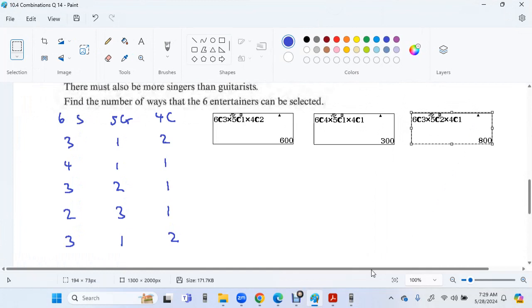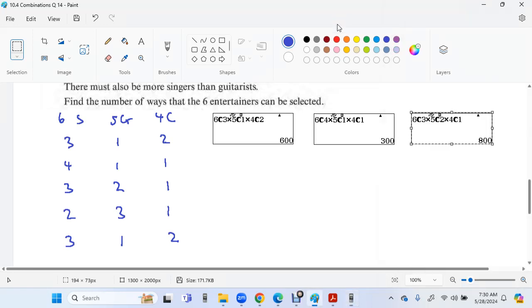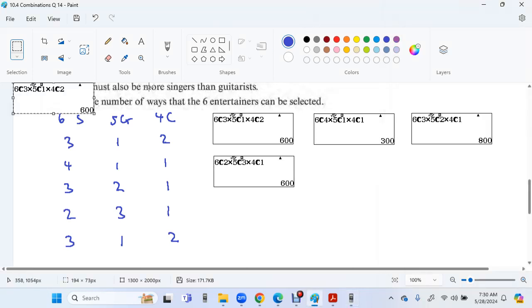And then we have 6 choose 2, then 3, 1, 600. And then we have 6 choose 3, and then 5 choose 1, and 4 choose 2. Then it is 600.